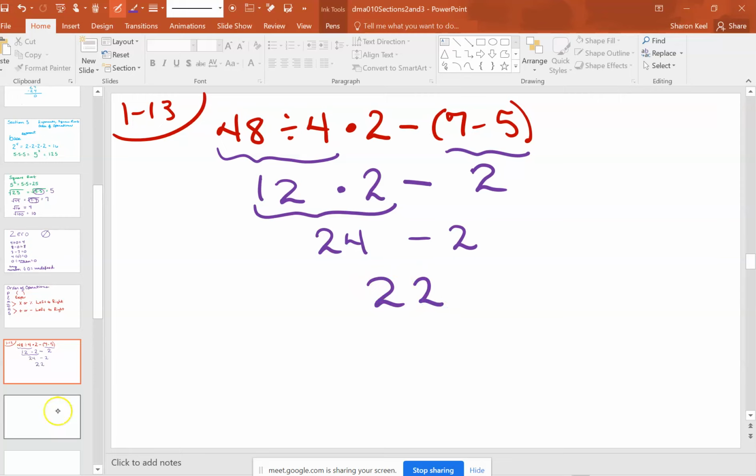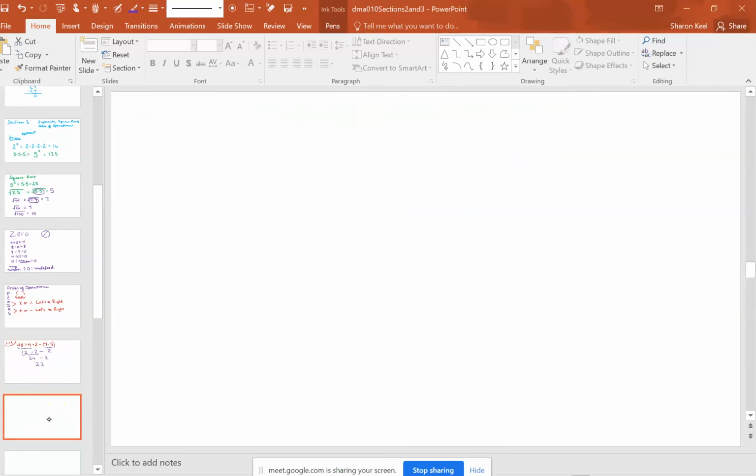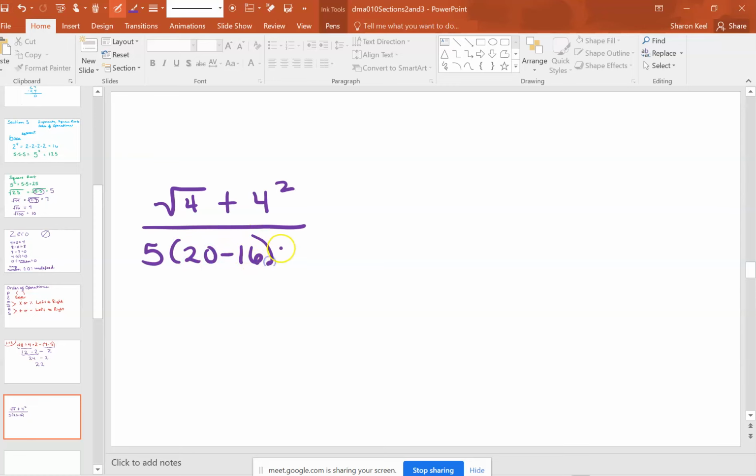Okay, let's try another one. This one has a numerator and a denominator. We have the square root of 4 plus 4 squared over 5 times 20 minus 16 minus 3 squared minus 5.